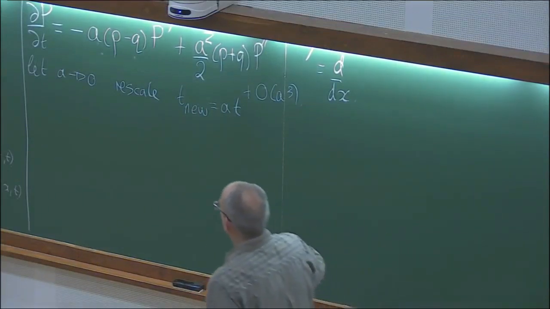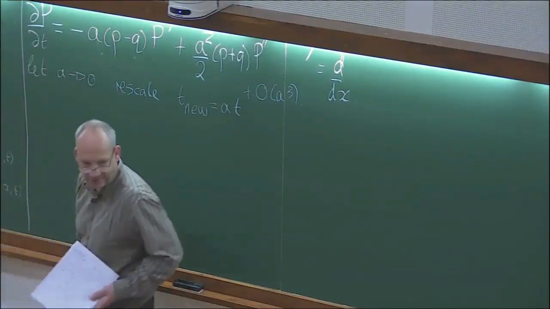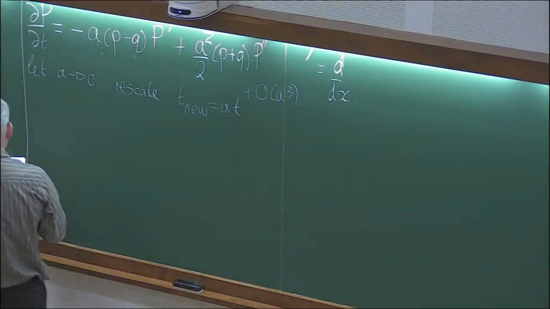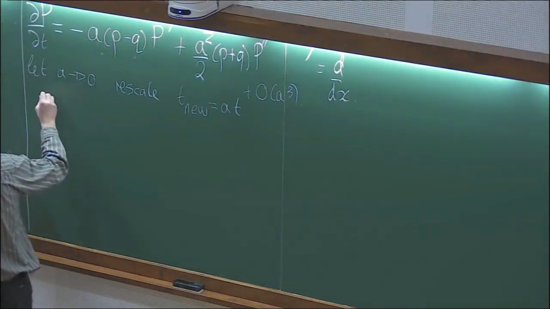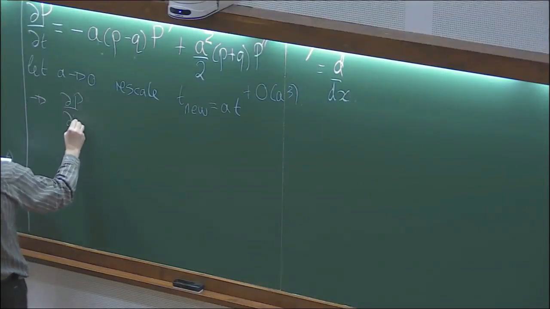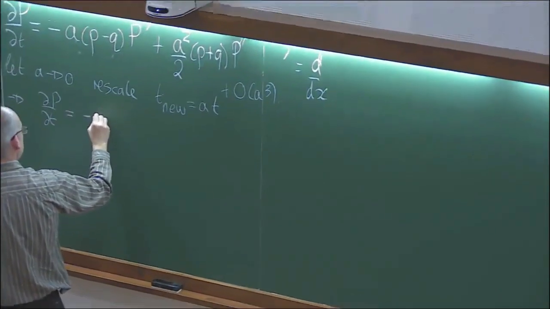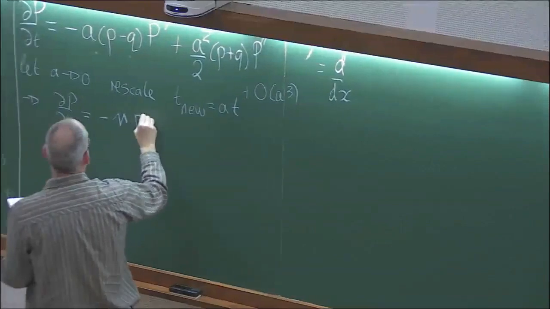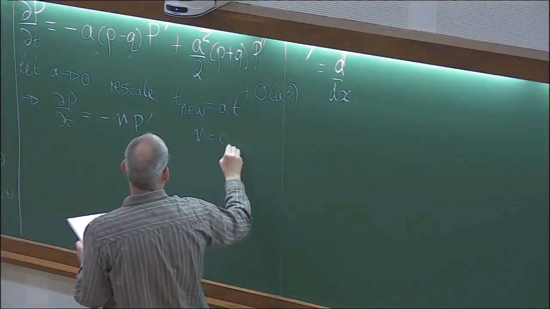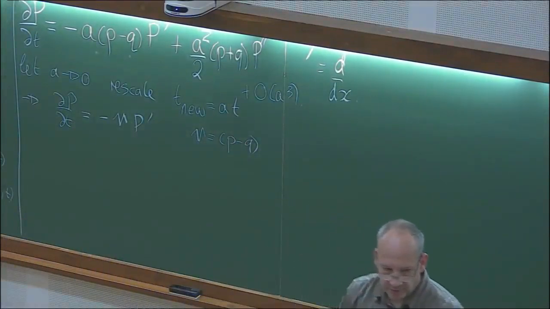Then the d by dt will give me a factor of A, so I can cancel that A, and everything's looking good. And I end up with dp by dt will be minus v p dashed, where v is equal to p minus q, which you would expect to be the drift.